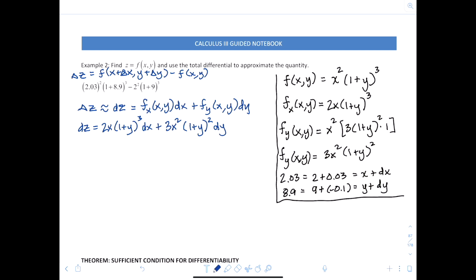Putting those values in, our total differential of z will be 2 times 2 times 1 plus 9, that quantity cubed, times 0.03 for dx, plus 3 times 2 squared times 1 plus 9, the quantity squared, and our dy was negative 0.1.